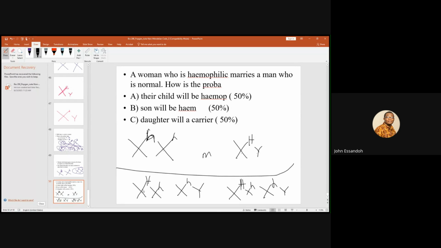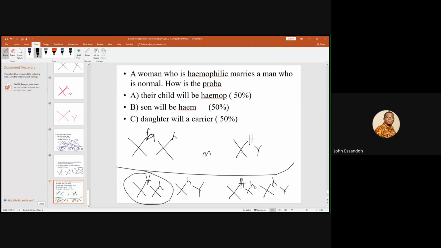The danger is that, you can see we have 4 kids, 2 girls, 2 boys. When your mother has it and your father doesn't have it, you are still in big trouble. As for the son, it doesn't matter what you do, you will still suffer from hemophilia.